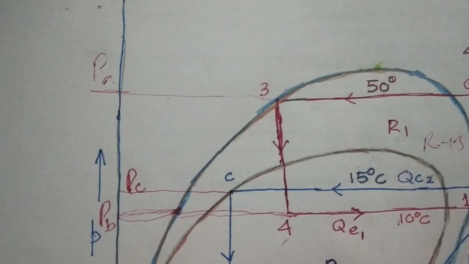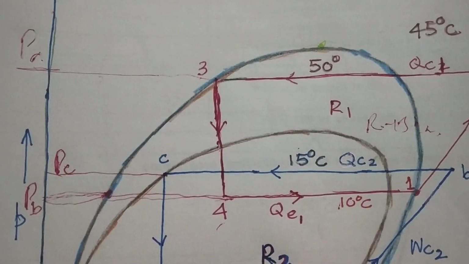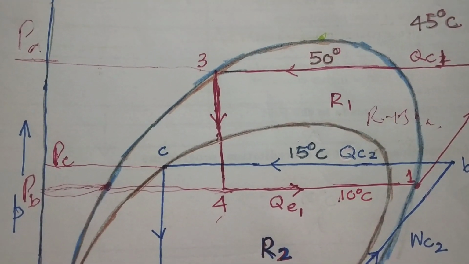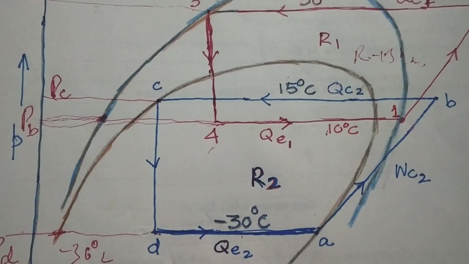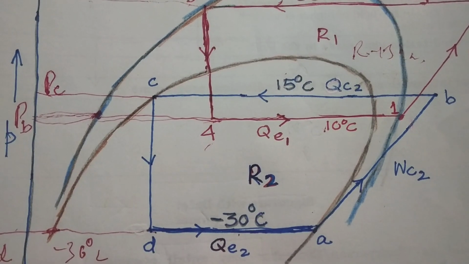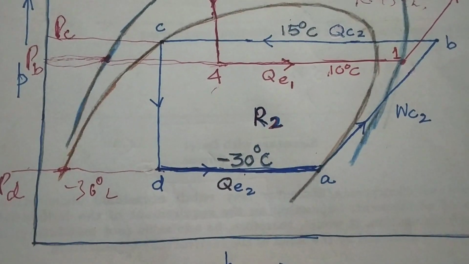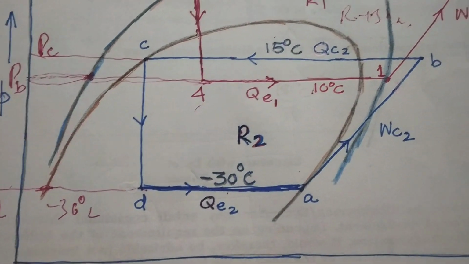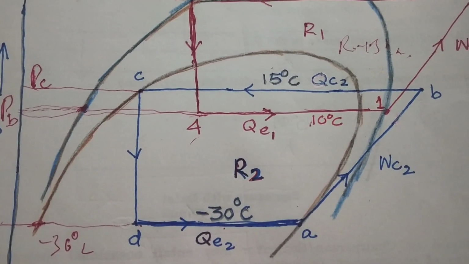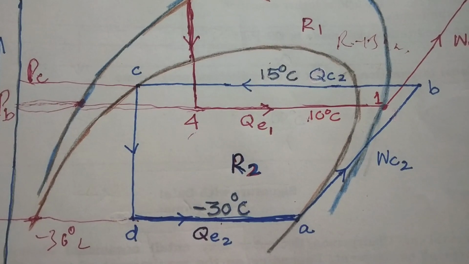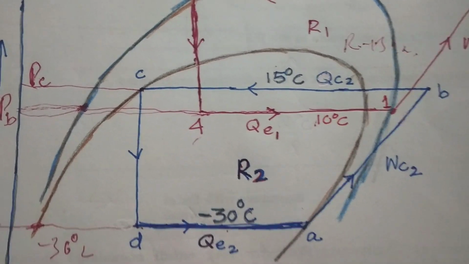One pressure is PA, which is at 50 degrees centigrade for R1. We have PB, which is 10 degrees centigrade for R1. And we have PC, which is 15 degrees centigrade for R2. You see the PC line?